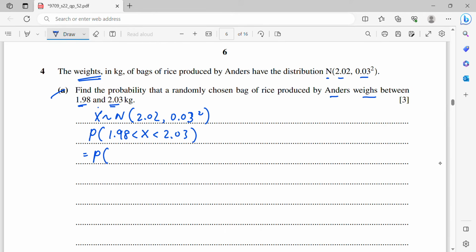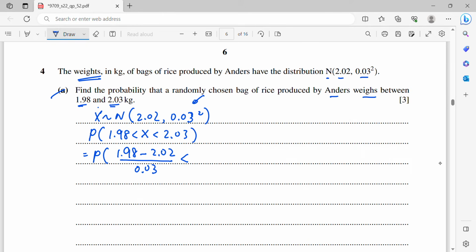Since X is normally distributed, we need to standardize it. We always standardize by using the X value 1.98 minus the mean 2.02 over the standard deviation. This 0.03 squared is the variance, so 0.03 itself is the standard deviation. That's why I divide by 0.03.